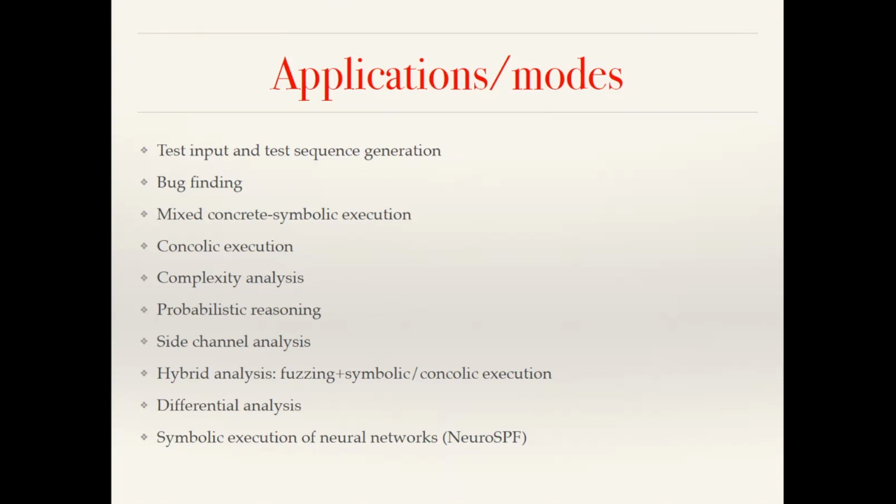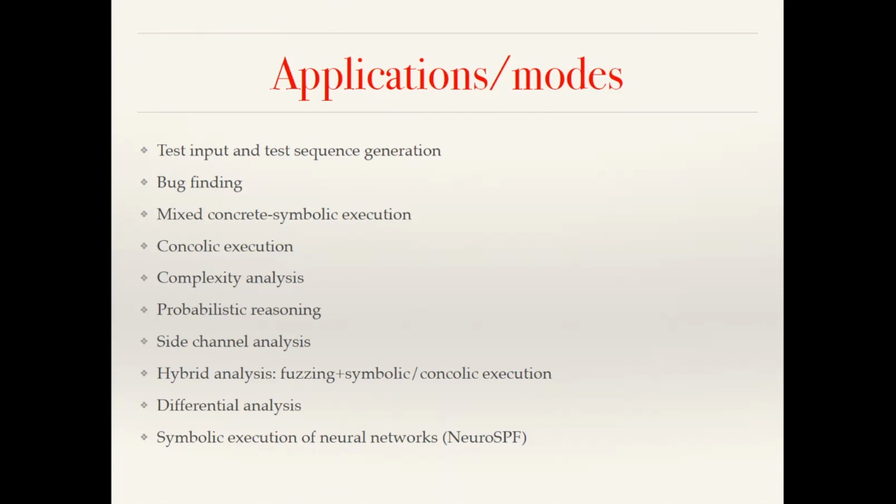Together with Yannick, we have done a lot of interesting and, I would say, very promising work on combinations of symbolic or concolic execution with fuzzing. So we also have a fuzzing tool. Fuzzing, as you may know, is an automatic testing technique that applies mutations to inputs to try to exercise different parts of code.